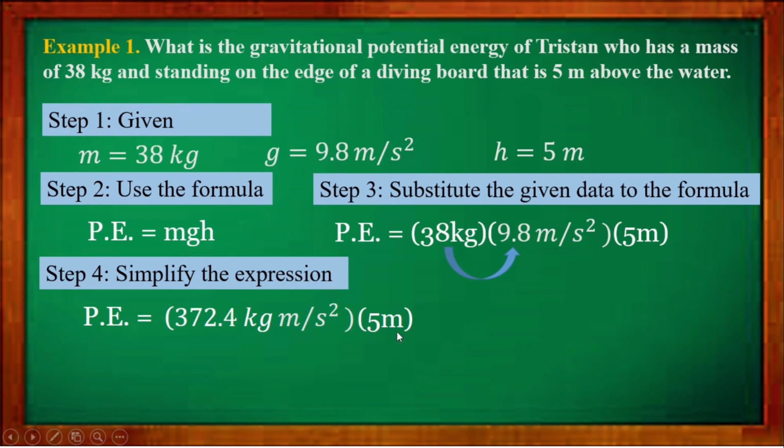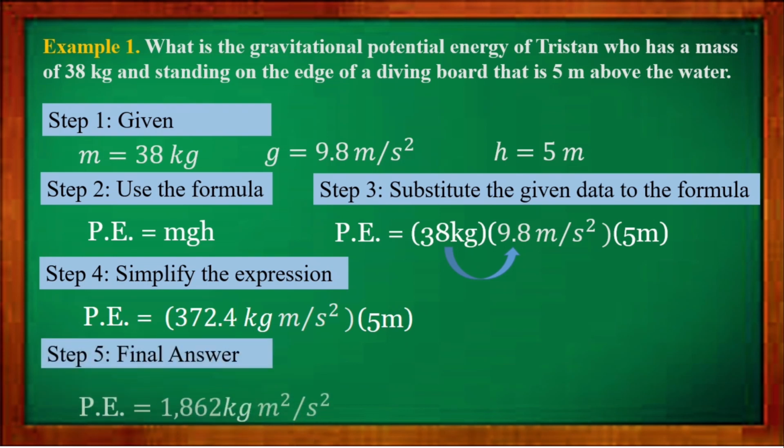And that is why this will give us our final answer: PE equals 372.4 times 5, which is equal to 1,862. Then just multiply the given units.